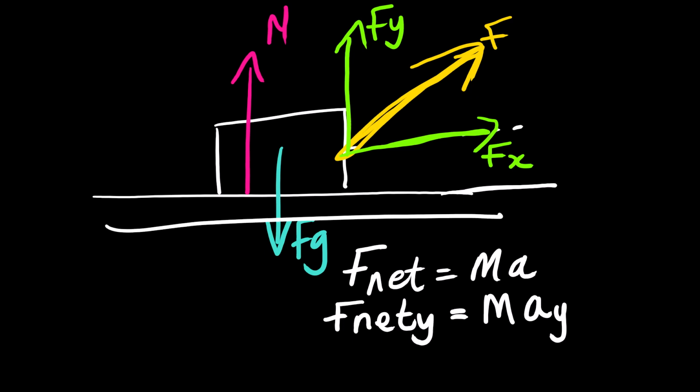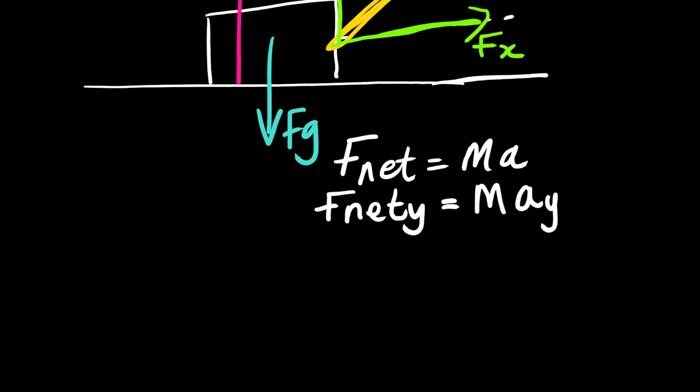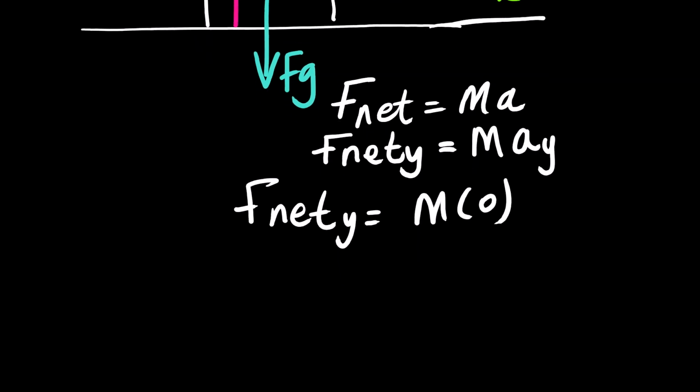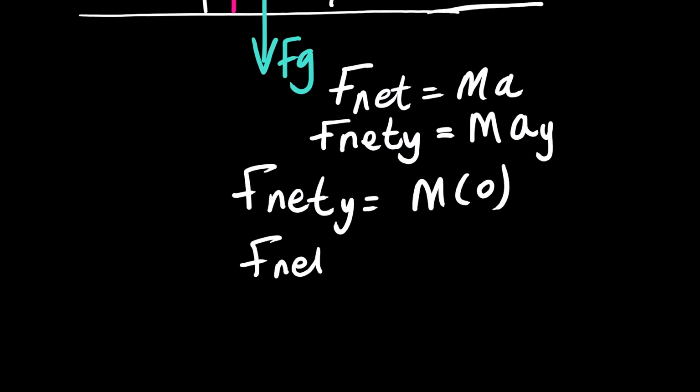There's no up and down motion. So it simply means that the acceleration, our a y, acceleration up and down, is simply 0, because this object doesn't accelerate up or down. There's no vertical acceleration. Don't confuse this acceleration with the gravitational acceleration. Now our equation will be F net y equals m times a y, where a y is 0, and the mass of the object multiplied by 0 is simply 0.